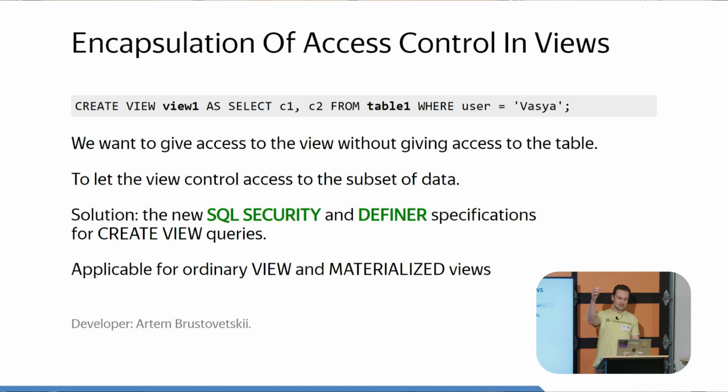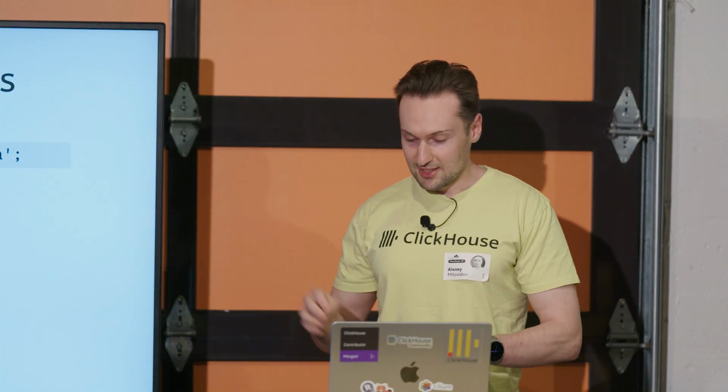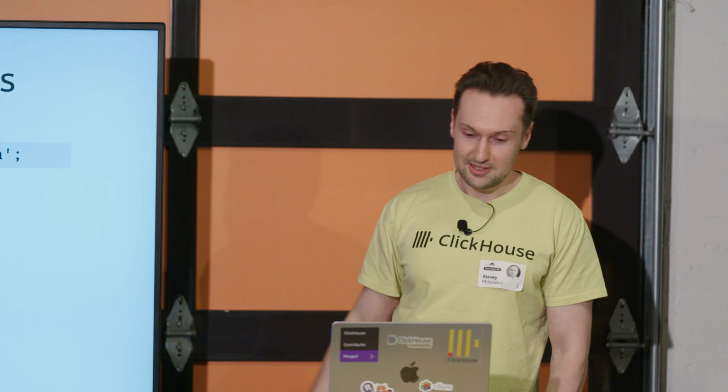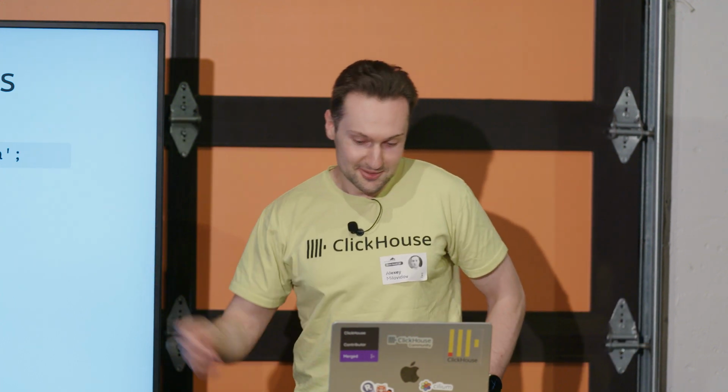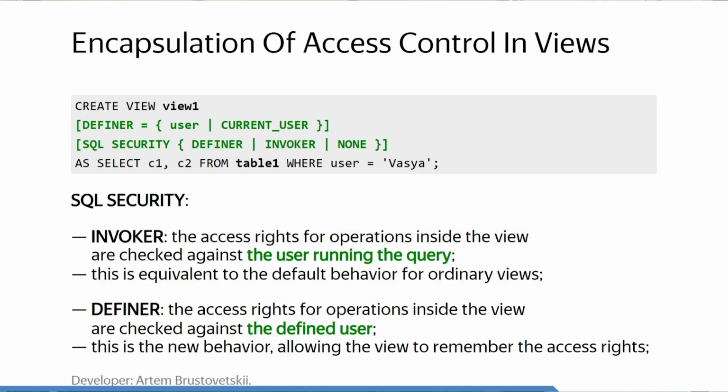And then you give access to this view to another user. And another user will query this view. And the view will query the underlying table from the context of the original user. Maybe it sounds complicated, but it works just as expected.